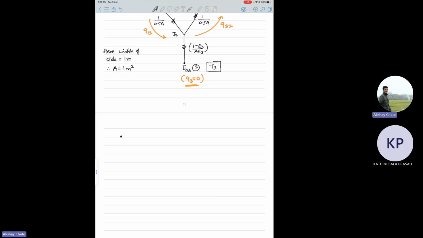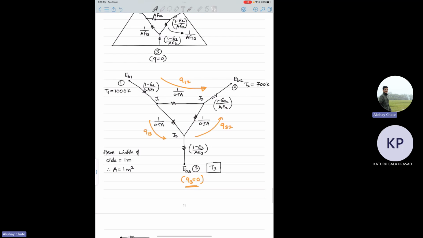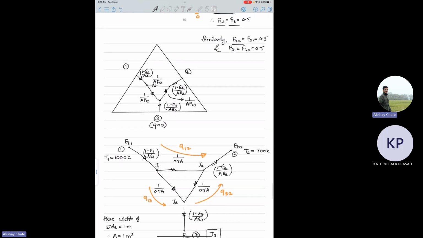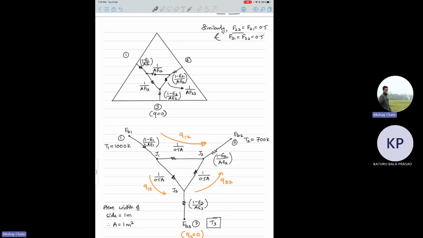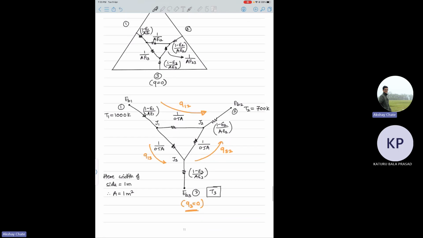So let's say this is your EB1, black body emissive power. So this will be 1 minus epsilon 1. Epsilon 1 is given as 0.33.